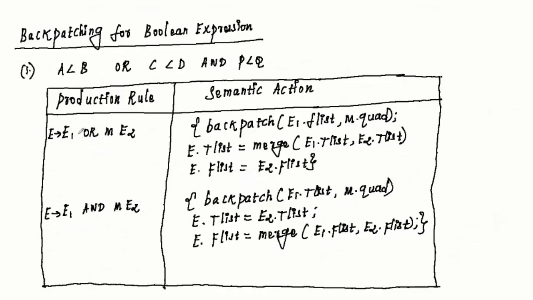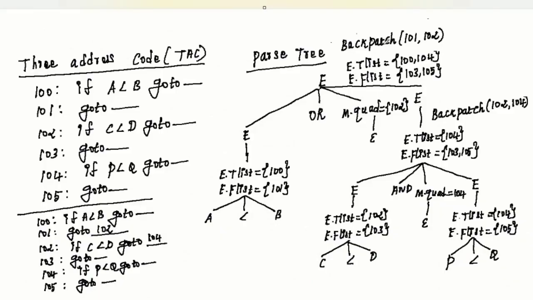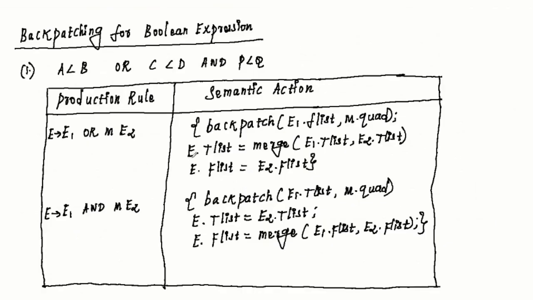Look at the Boolean expression OR production rule and semantic actions. Backpatch of E1 dot false list comma M dot quadruple. Write backpatch of E1 false list 101, next quadruple value 102. Here 101 comma 102. Next, E dot true list equal to merge of E1 true list comma E2 true list.